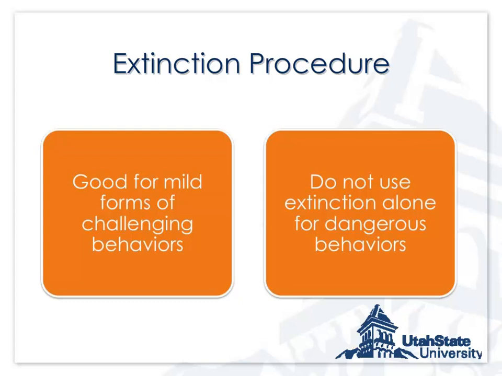Note that using extinction as a single procedure is generally prescribed for problem behaviors such as disruption or mild forms of aggression. Given extinction effects, do not use it alone for aggressive behaviors towards self or others. However, this procedure is often used in combination with reinforcement-based procedures that we will describe later in this module.